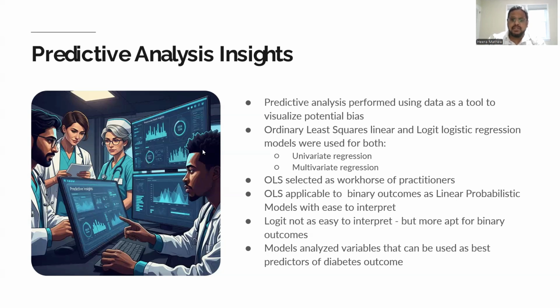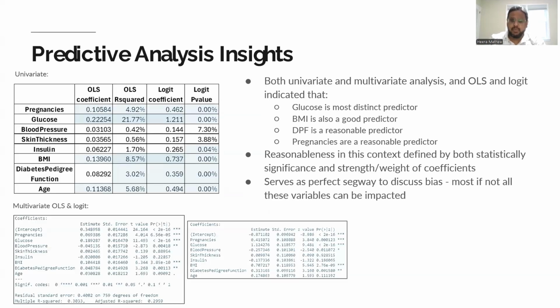And based on these models, we analyzed what variables are best used as predictors of the diabetes outcome. And what we saw was that both the univariate and multivariate analysis on the OLS and the logit indicated that glucose is the most distinct predictor of diabetes, followed by BMI, which is also a good predictor. Pregnancies and DPF also serve as reasonable predictors for the diabetes outcome.